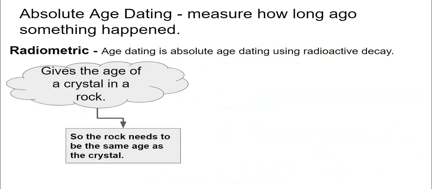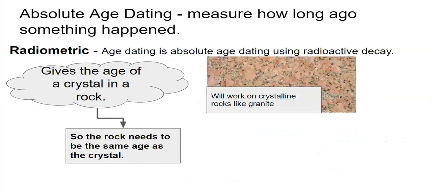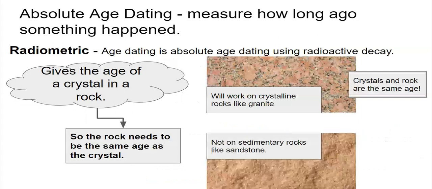This means that you can use radiometric age dating or absolute age dating with specific types of rocks, but not others. For example, a crystalline rock like granite, other igneous rocks, the crystal is the same age as the rock. So you're good to go there. But you're going to run into problems if you try to absolute age date a sediment inside of a sedimentary rock.